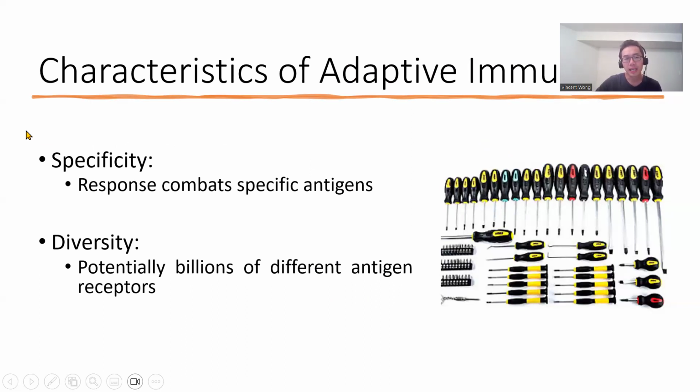Adaptive immunity, we can also describe it as having very high specificity. Okay, so it's able to create these antibodies that would target very specific antigens. Remember, antigens are just molecules that are found on the surface of a cell, right?